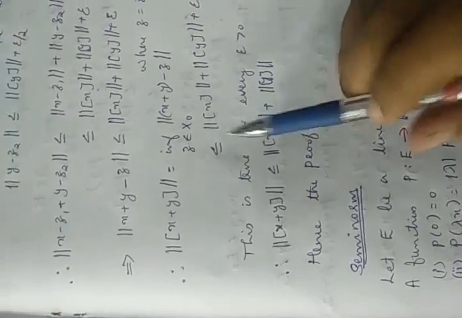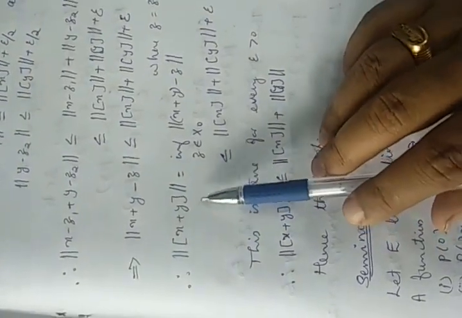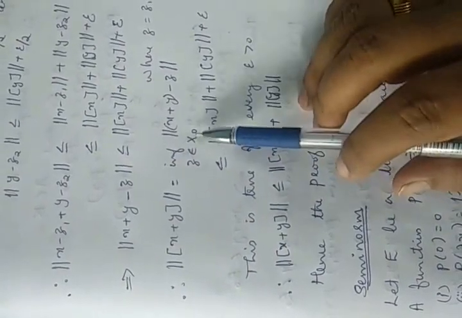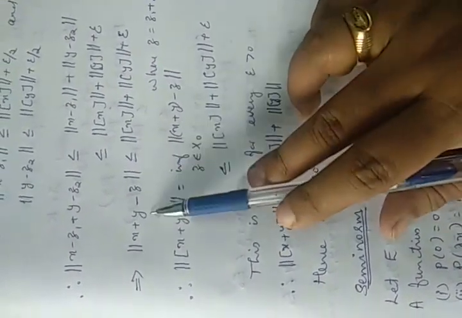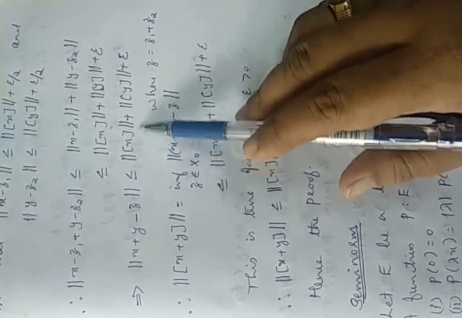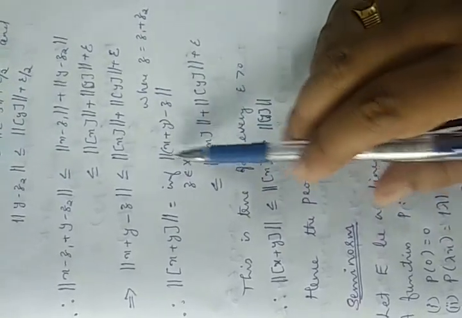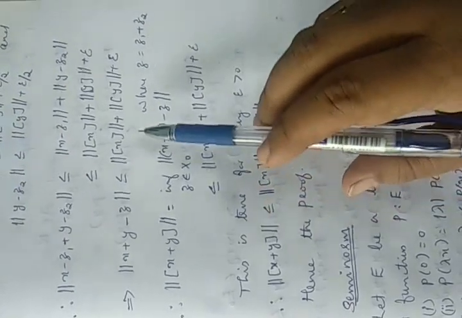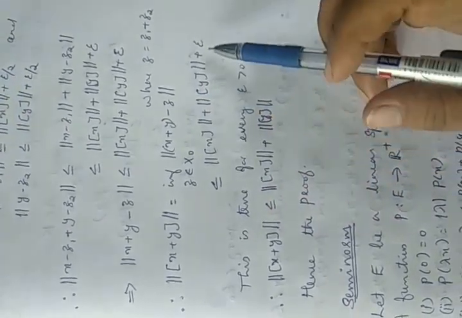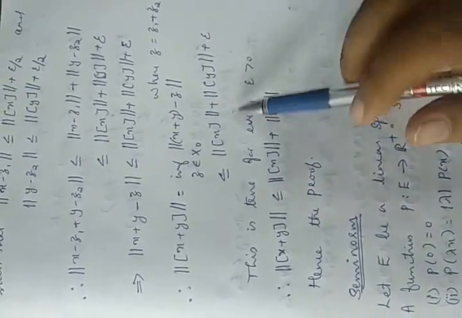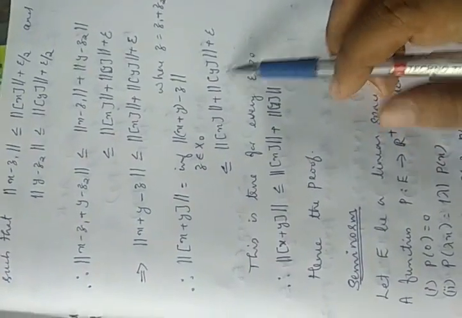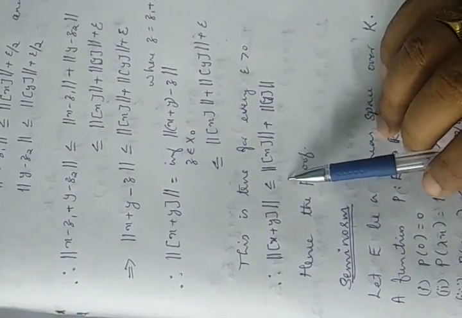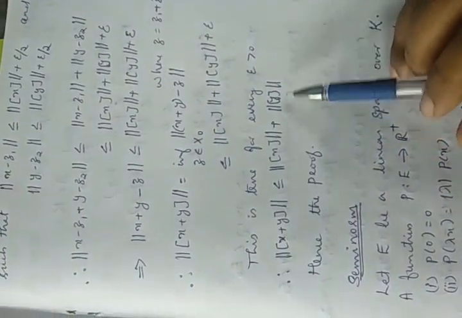So the norm of class x plus y is equal to the infimum of norm of x plus y minus z, where z belongs to x0. Since this is less than or equal to this one, the infimum is always less than or equal to norm of class x plus norm of class y plus epsilon. And this is true for every epsilon greater than 0. So we have norm of class x plus y is less than or equal to norm of class x plus norm of class y.